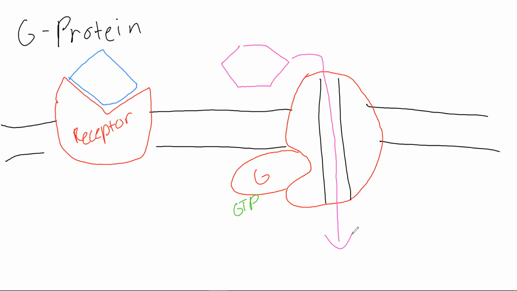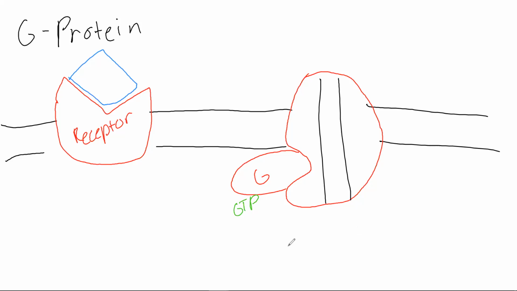Yeah, that's the point. But you can't just leave this channel open forever, right? So in order to deactivate the G protein, I need to connect it to a GDP. Sorry. So in order to replace the GTP, I must hydrolyze the GTP, aka break it apart, right, through hydrolysis.